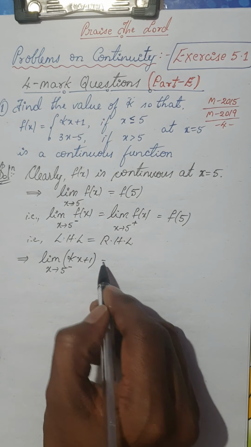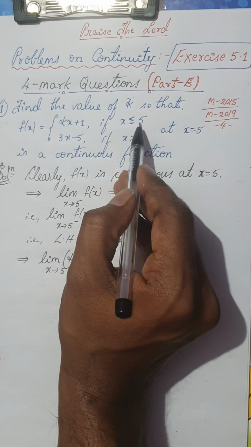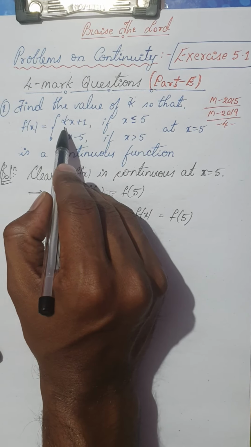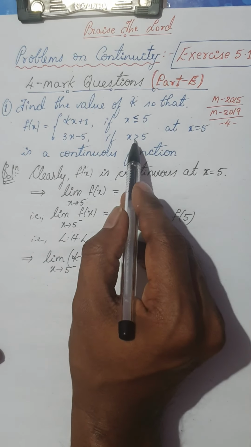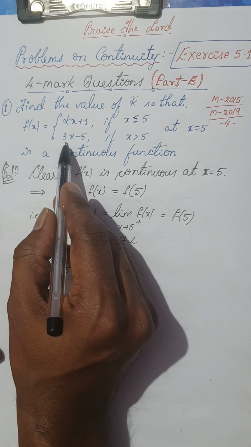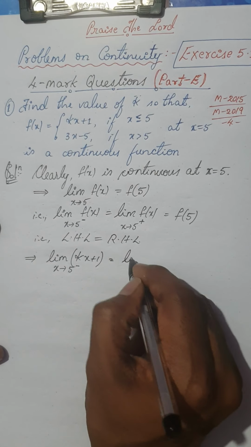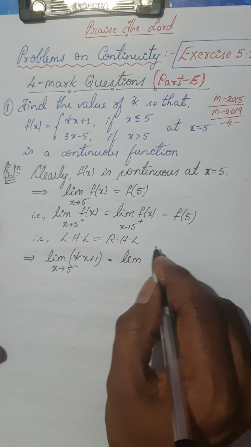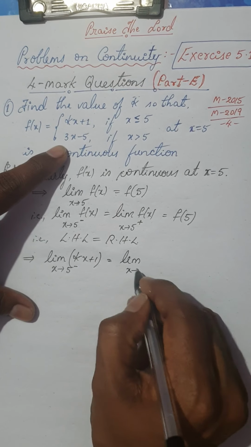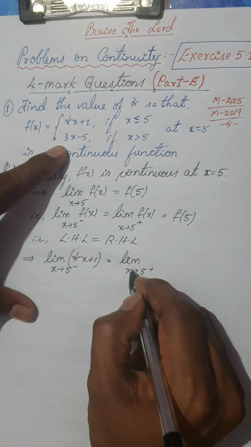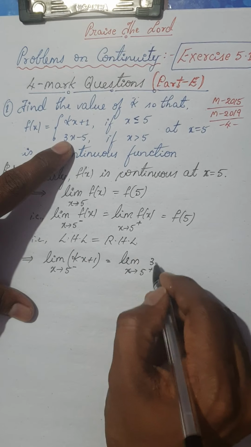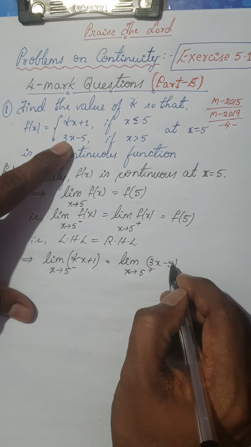For the left hand limit, the function for x less than or equal to 5 becomes kx plus 1, and for x greater than 5, the function switches to 3x minus 5. So for the right hand limit, as x tends to 5, the function is 3x minus 5.